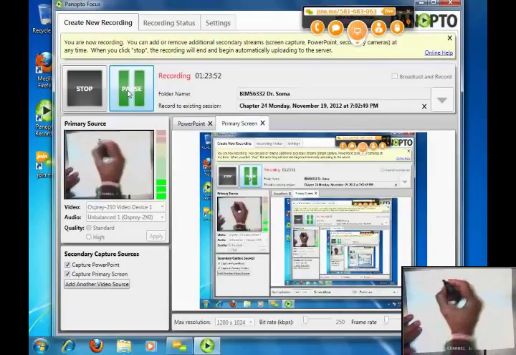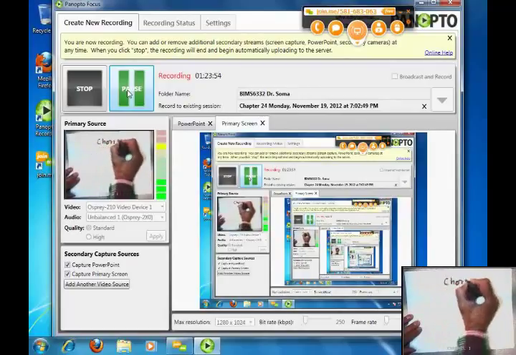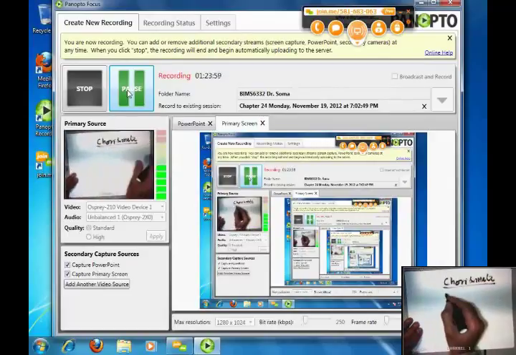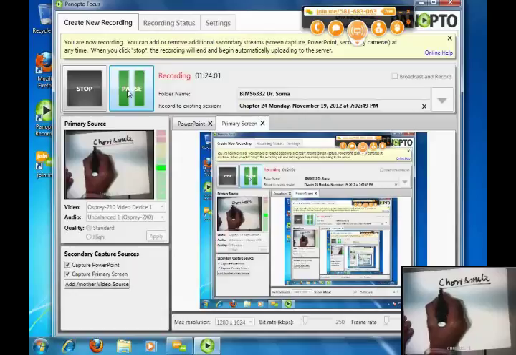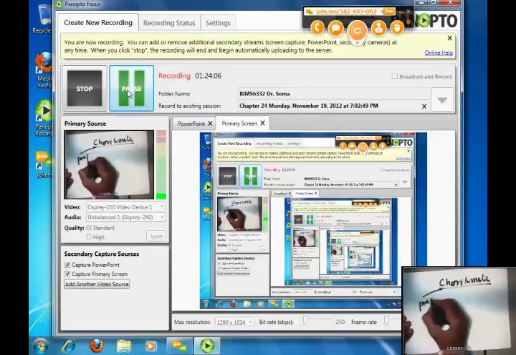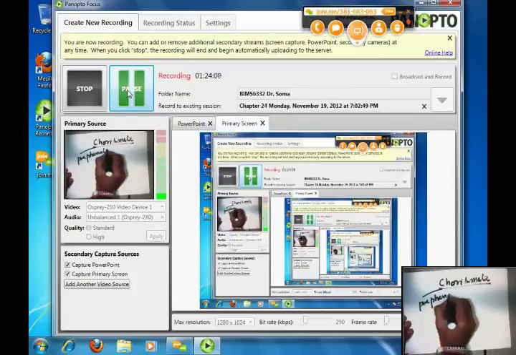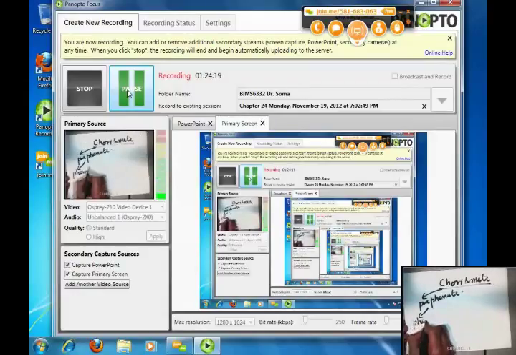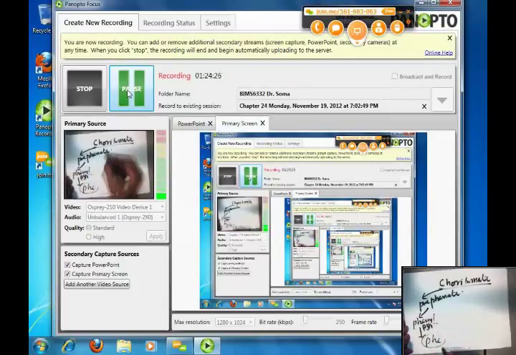Chorismate is the intermediate, and this is how it is involved in the synthesis. On one side, it will produce prephenate, and this prephenate will produce phenylpyruvate, and this phenylpyruvate will produce phenylalanine, the amino acid.